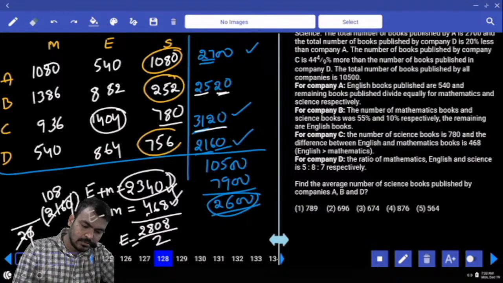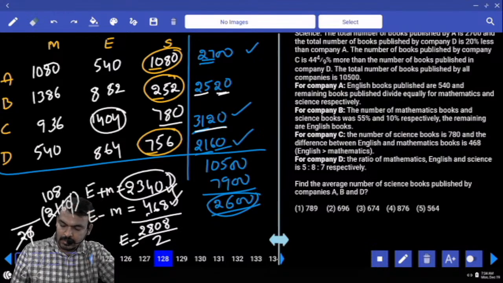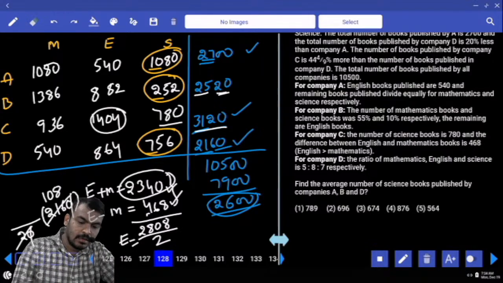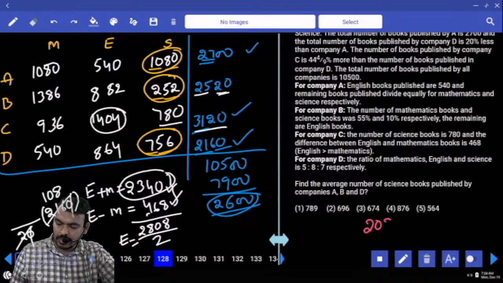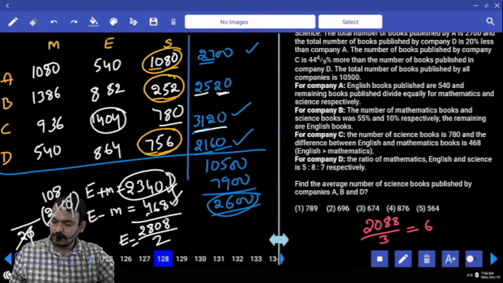Again, D value is how much? 756. 1000 plus 200, 1200 plus 700, 1900. 80 plus 52, 132. 132 plus 56, 188. Already 1900 plus 188, total it is 2088. Divide by 3, almost 696. Nearby 700.